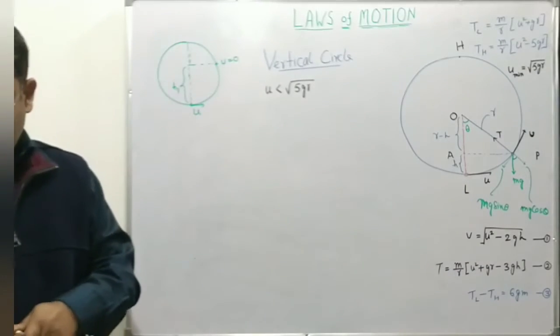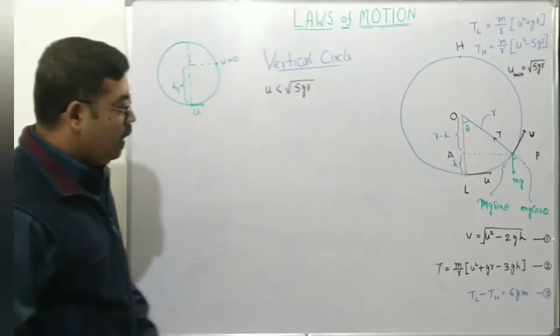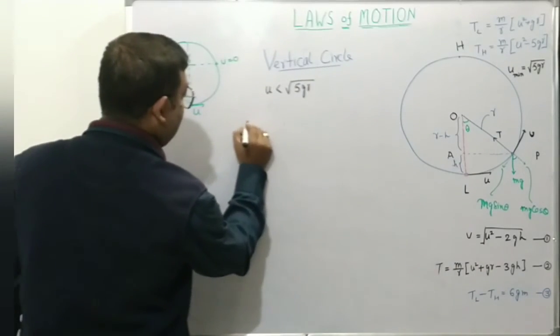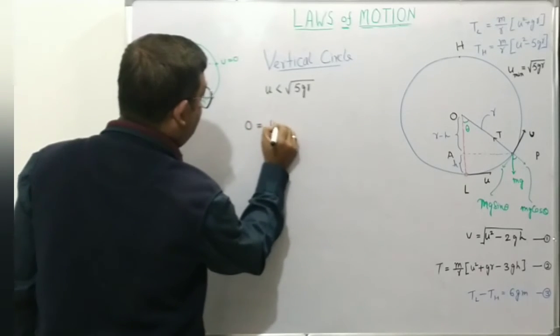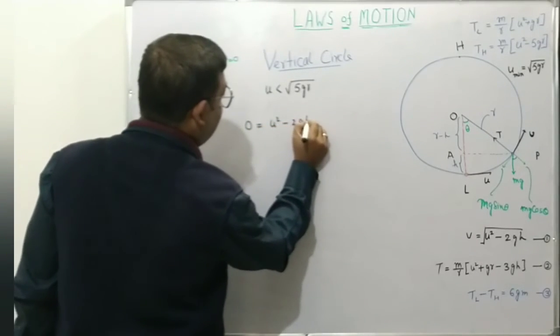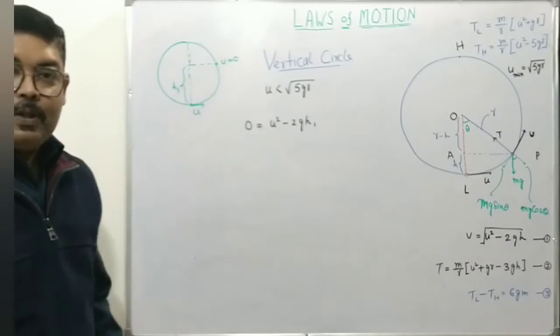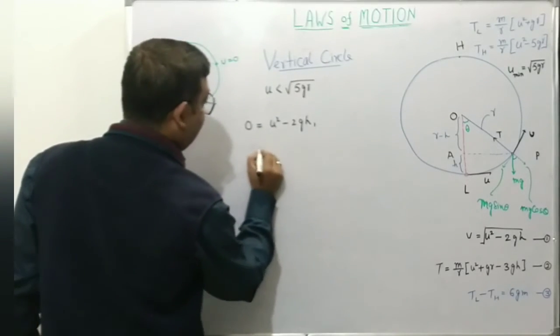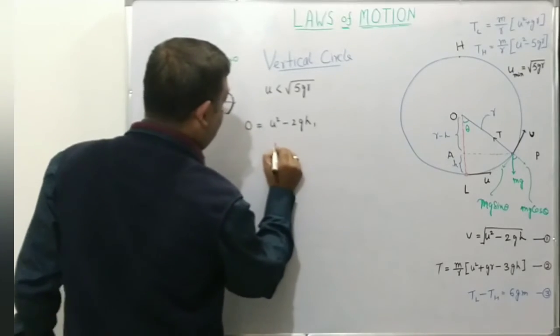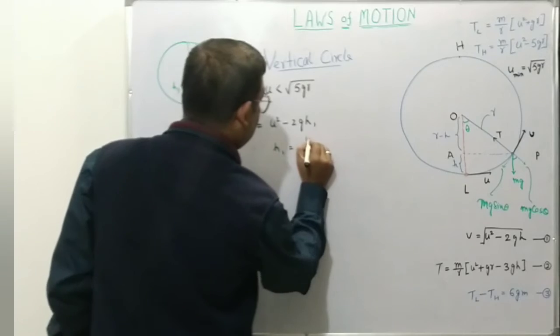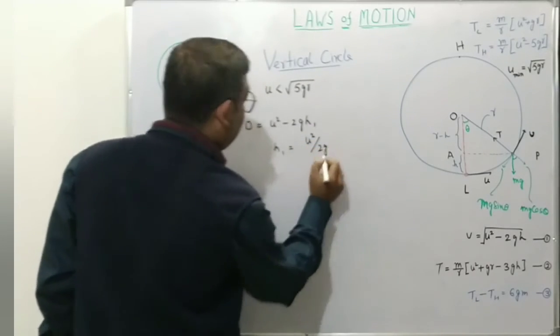Under such condition, equation number 1 will give us 0 equals u square minus 2gh1, where h1 is the height where the velocity becomes 0. Therefore, h1 will be equal to u square by 2g.